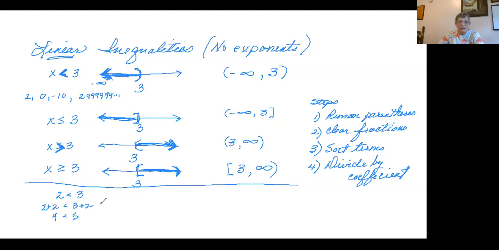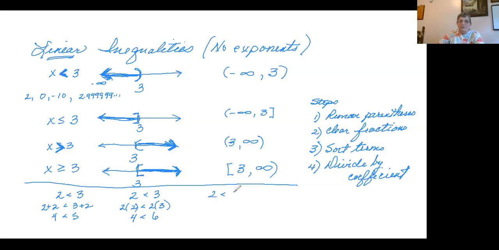If I subtract, then that's just going to put me back where I was to start with. So adding and subtracting works the same as before. If I multiply, say, by a positive 2, if I say 2 times 2 is less than 2 times 3, then you can see that this is still going to come out true.